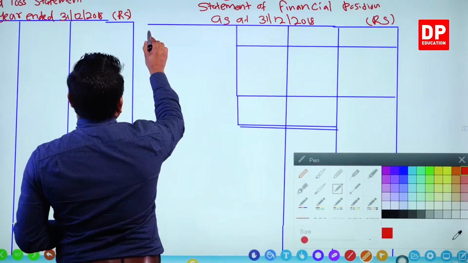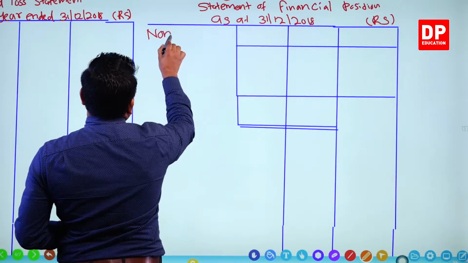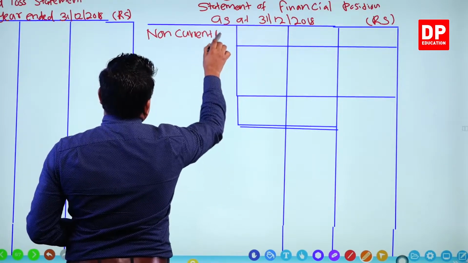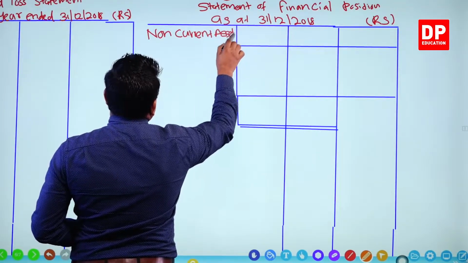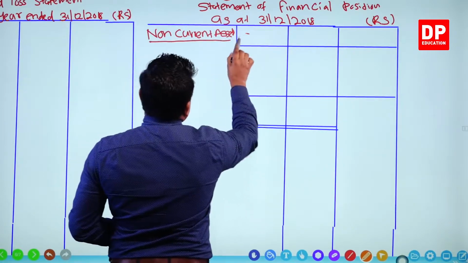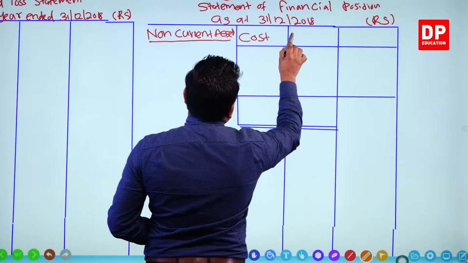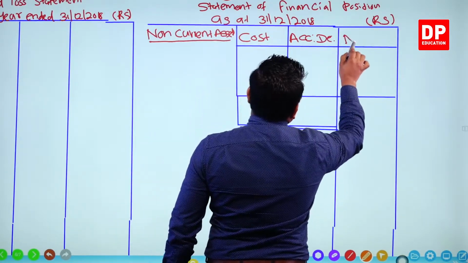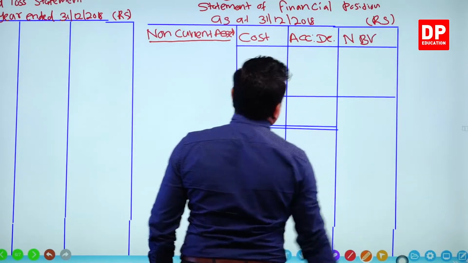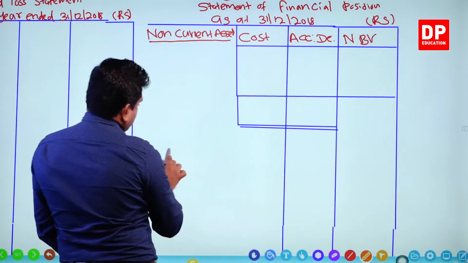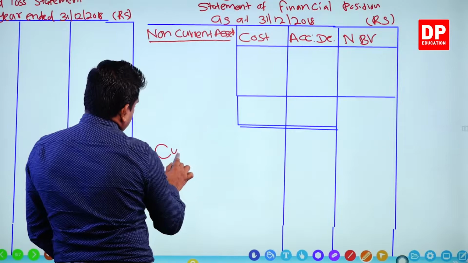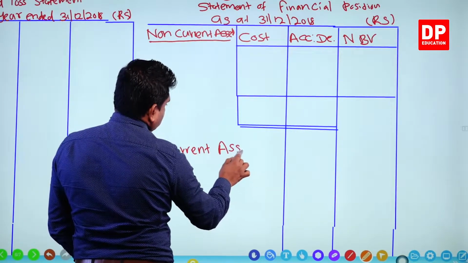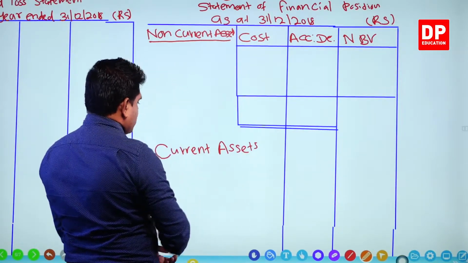Here non-current assets, then cost, accumulated depreciation, net book value. After that, current assets. Right? Underline.